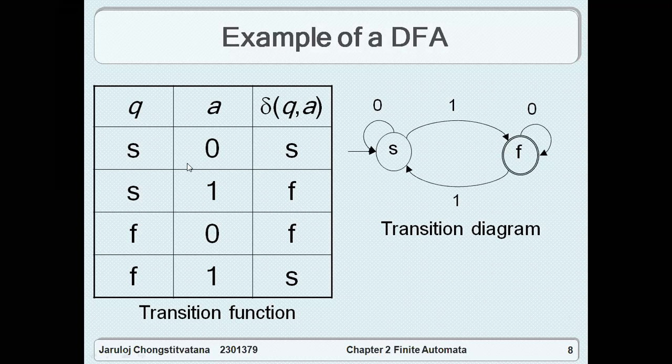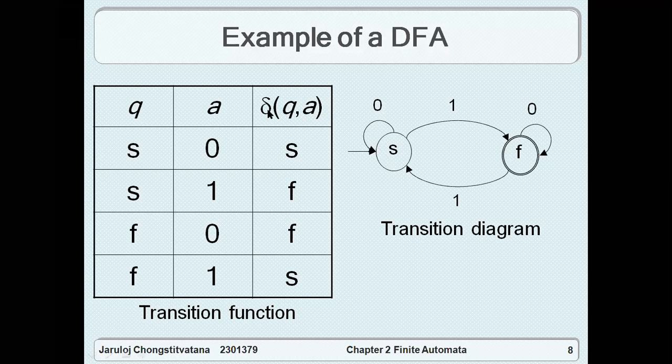Okay. So in this initial state S, we take the input symbol, and it reaches a state. Which state is it reaching? We take the state S with the input symbol 0, and it reaches the state S. This is the transition function.